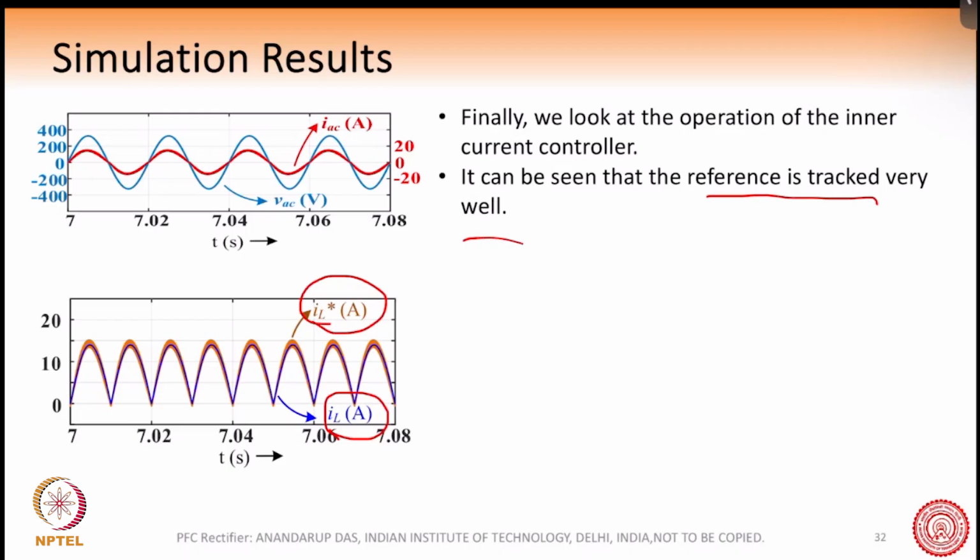We can shift the Bode plot up and down, and change the bandwidth by adjusting the KP and KI values of the PI compensator. That's what we did through that example.